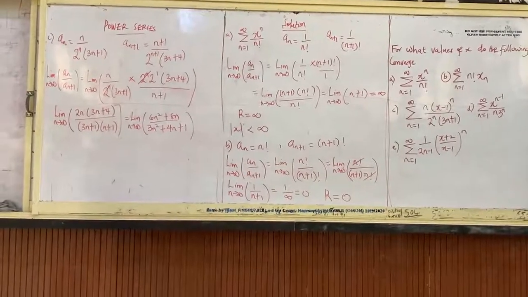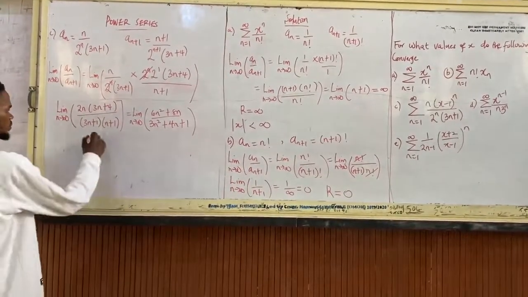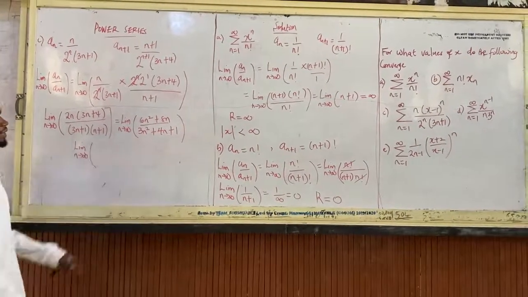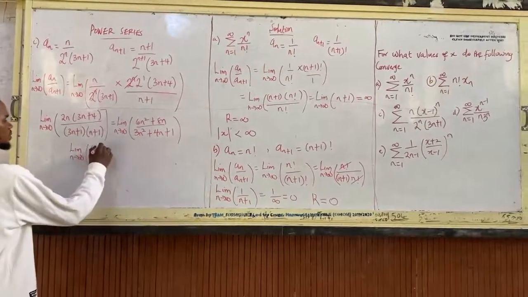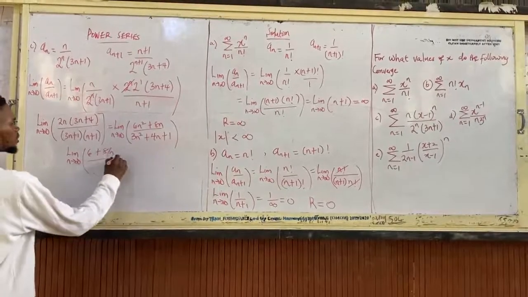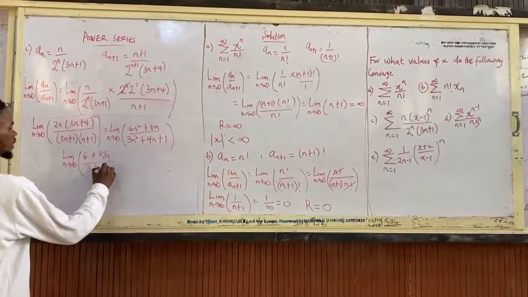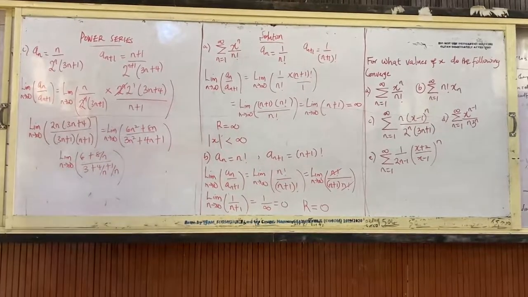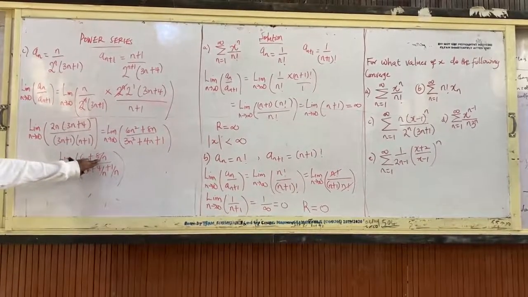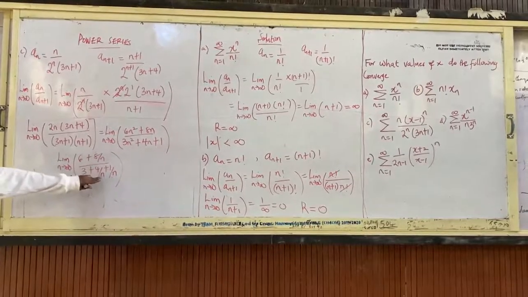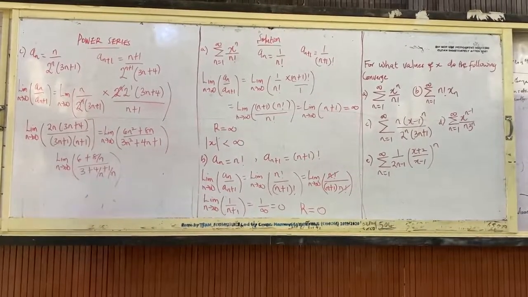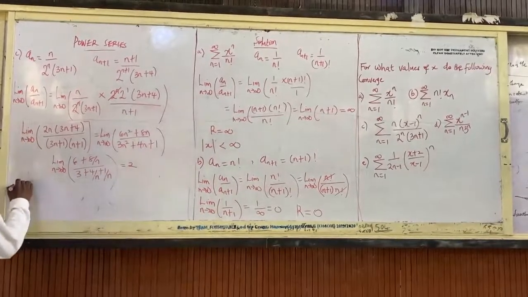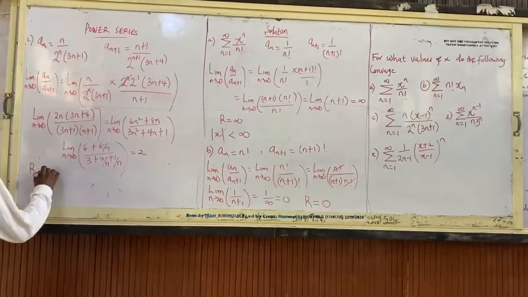So if we take the limit of this, dividing all through by n squared, that's 6 plus 8 over n over 3 plus 4 over n plus 1 over n squared. So 8 over infinity is 0, 4 over infinity is 0, 1 over infinity is 0. So 6 over 3 is 2. So the radius of convergence of this is 2.